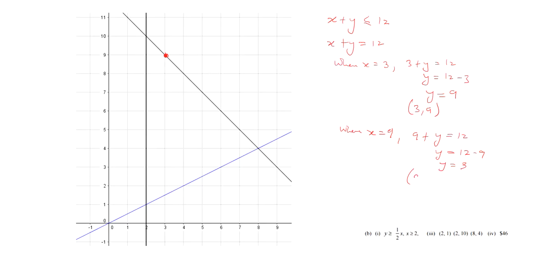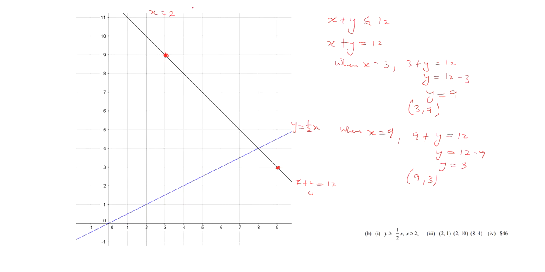So this point is 9, 3. 9, 3 is this point here. So this line here represents x plus y is equal to 12, right? And remember, this is y equal to a half x, and this is x is equal to 2.